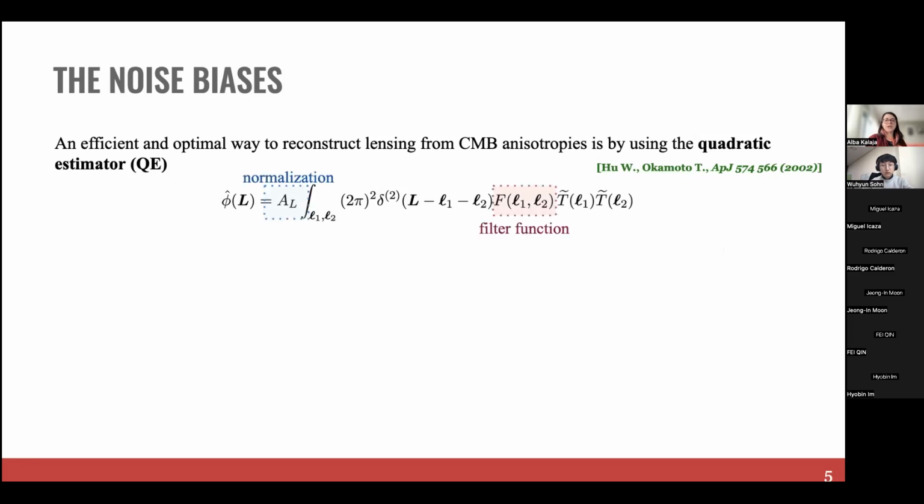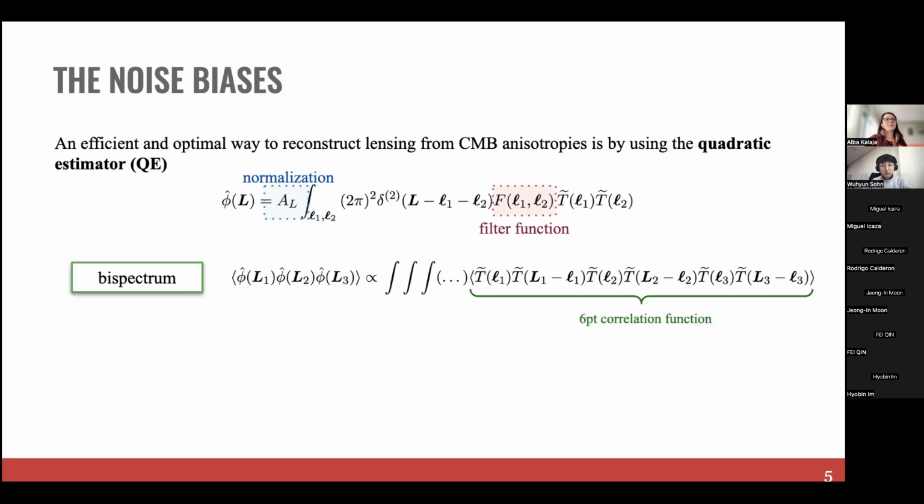This estimator has the temperature anisotropies, but it also has a filter function and a normalization to make the estimator optimal and unbiased. The filter function is chosen so that the estimator is optimal, and the normalization in such a way that the estimator is unbiased.